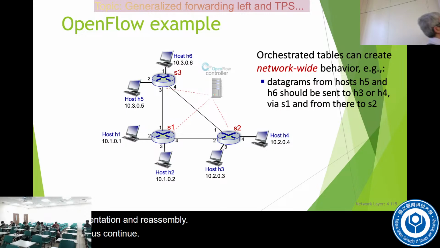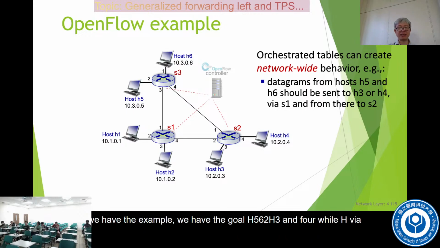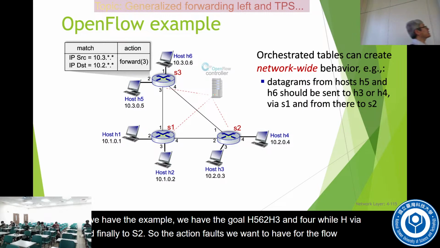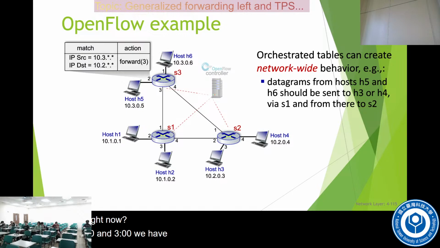Here we have the example. We have the goal: H5 and H6 to H3 and H4 via S1 and finally to S2. So for the action, we want to have the flow table. H5 and H3 have addresses within the domain 10.3.